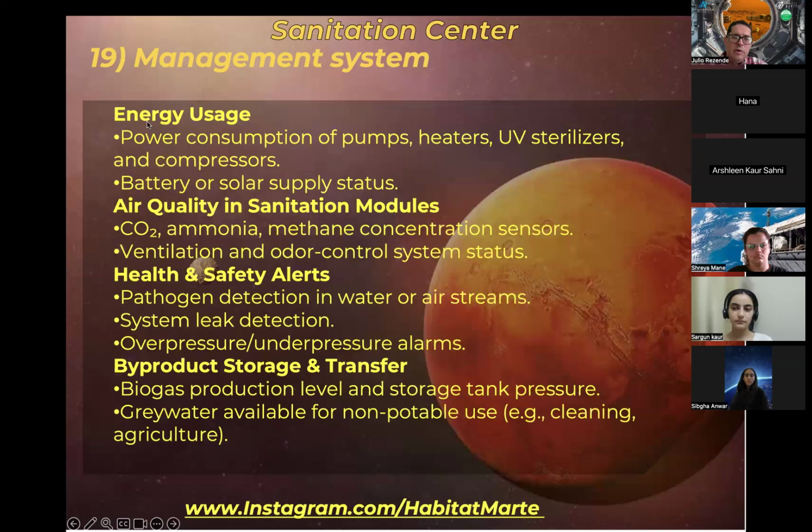The system would also bring information about energy usage, like power consumption of pumps, heaters, and UV sterilizers, and also information about air quality, sanitation modules, health and safety alerts, and byproduct storage and transfers.